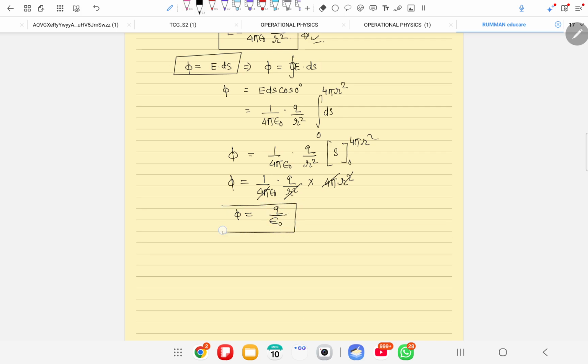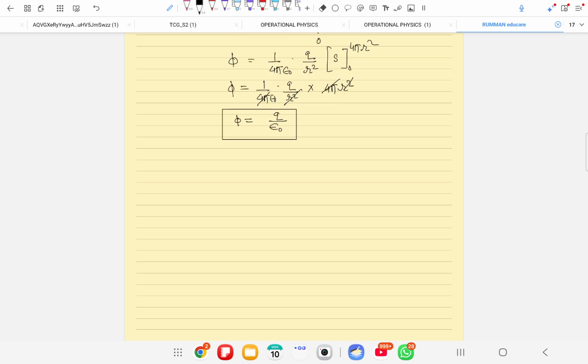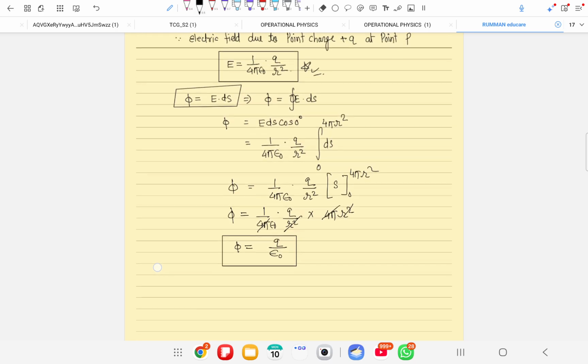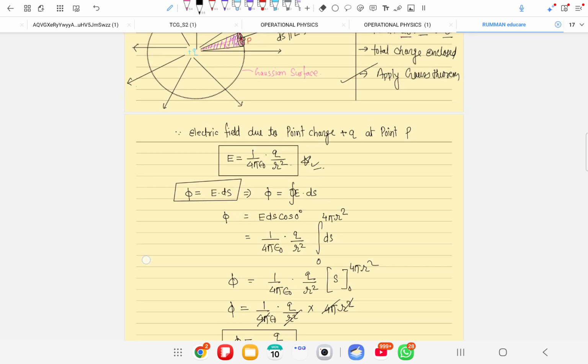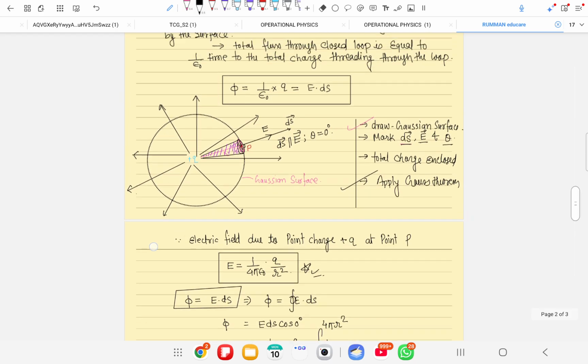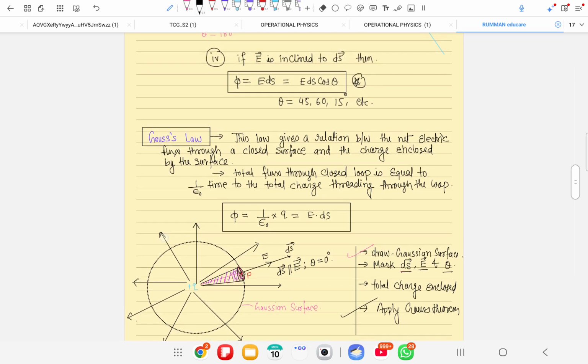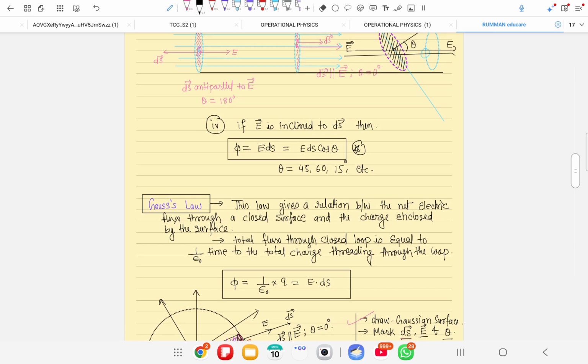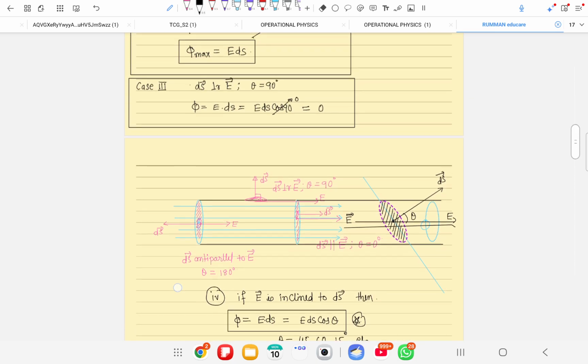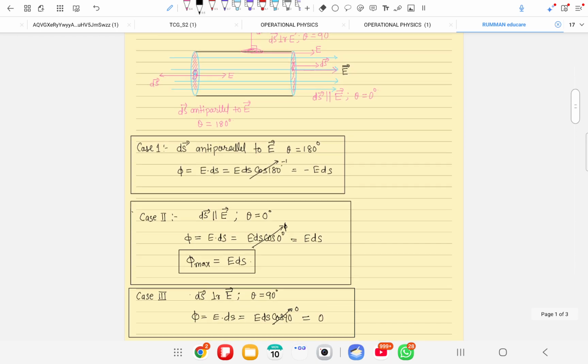This is basically the formula of Gauss law. So hopefully you got the key points, and can interrelate the derivations and the connectivity of this topic related to the flux.